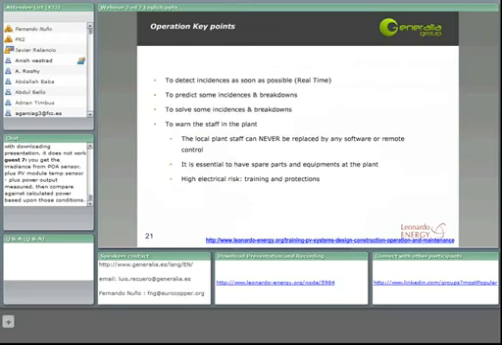We must know that the local plant staff can never be replaced by any software or remote control, and that it is essential to have spare parts and equipment at the PV facility in order to solve all the incidents as fast as possible.